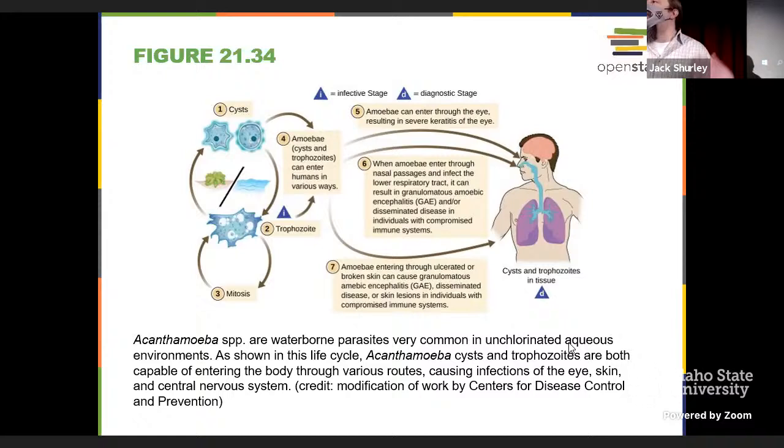The active, vegetative stage of these parasites we call trophozoites. It's just a generalization. It's when it's moving, feeding, dividing, all of that stuff. So in this case, it's an amoeboid form that's moving around.